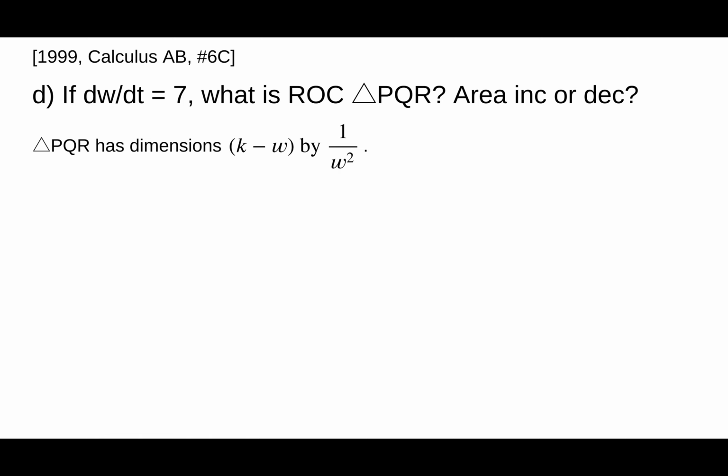The base is k minus w, the x-intercept minus the original value of x, which is just w, and the height is the height of the function, which is 1 over w squared. So using the formula for the area of a triangle, the area of triangle PQR is k minus w over 2w squared.